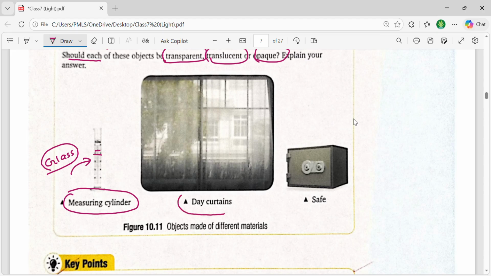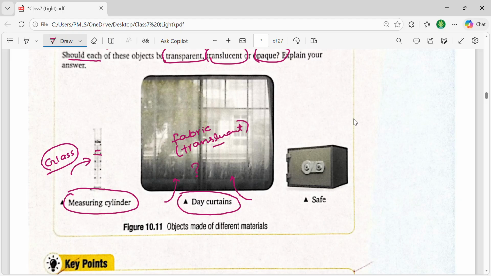For day curtains, what should the material be? Yes, it is a fabric, but I am asking you about the type of material. It should be translucent, so that it would not block the whole light.